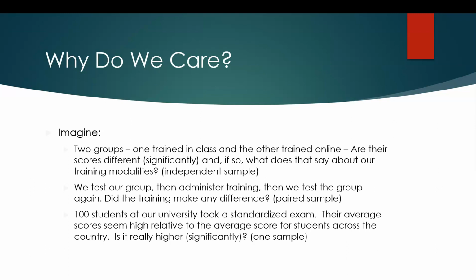If it's not significantly different, then it doesn't matter which class I use or which modality I use. But if it is significantly different, then I may want to make some decisions about how I train my employees. So, are their scores significantly different? And if so, what does that say about our training modalities? Okay, that is a t-test known as an independent sample t-test, which basically is two groups. I'll go into this in more detail in a bit. Two groups on the same variable.